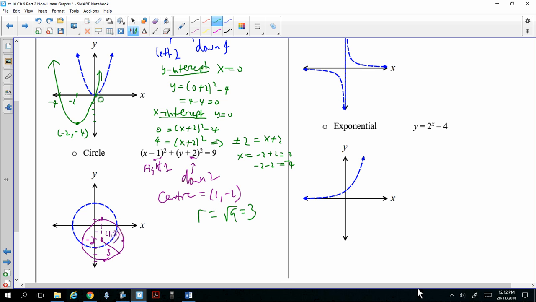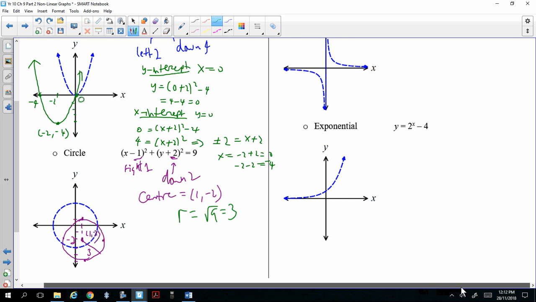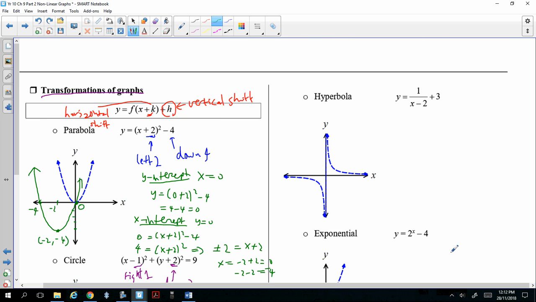So again, this plus 3, like before, is up 3, and the -2 inside the x is left right 2 units. Okay, so we go right 2 units, 1, 2, and down 3 steps, 1, 2, 3. Okay, so we've got this point, but it's not really a center. It's where we draw the asymptote. We'll draw an asymptote at -3.